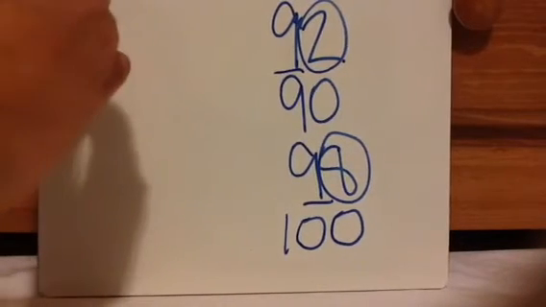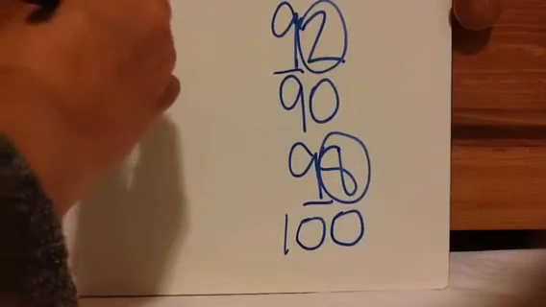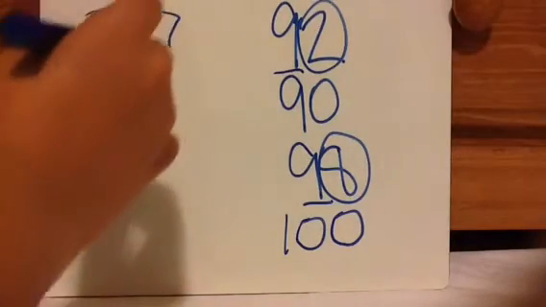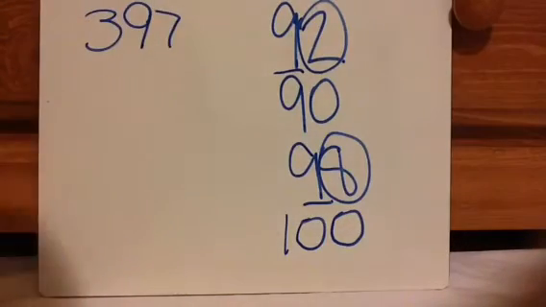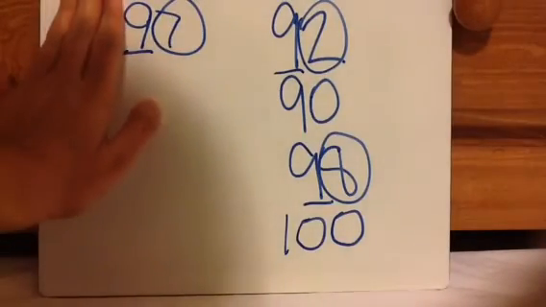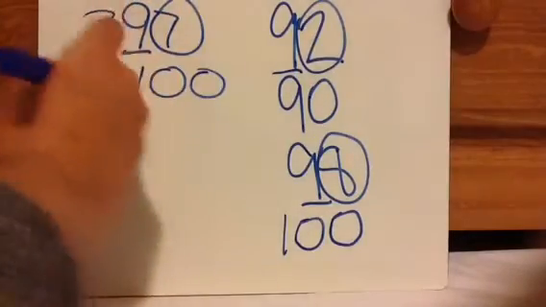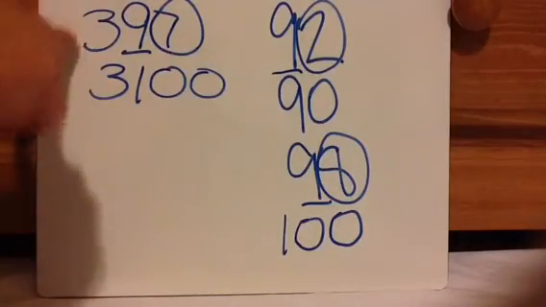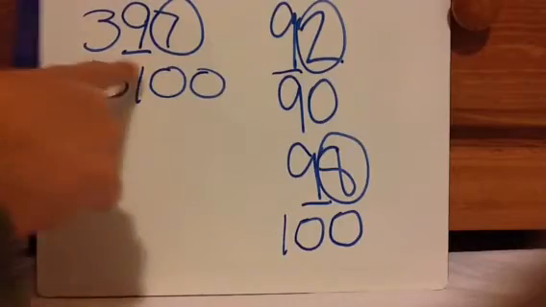So for example, if I had 397 and I'm rounding to the nearest tens, then 97, if I just cover that up, 97 is closer to 100. So I don't do this. You can't say 397 rounds to 3,100.